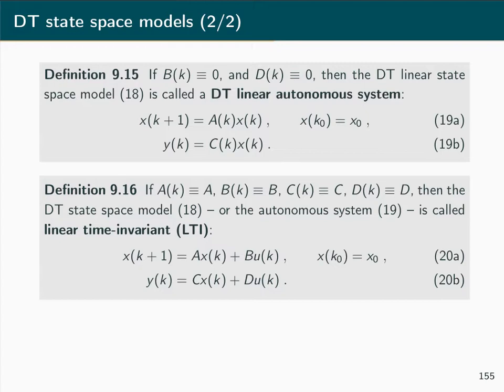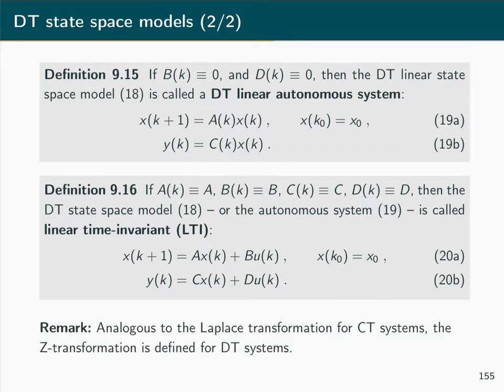Again, in analogy to continuous time systems, if the system matrix, the input matrix, the output matrix, and the throughput matrix are all time invariant, then we call the discrete time linear state space model, or the discrete time linear autonomous system, a linear time invariant system.